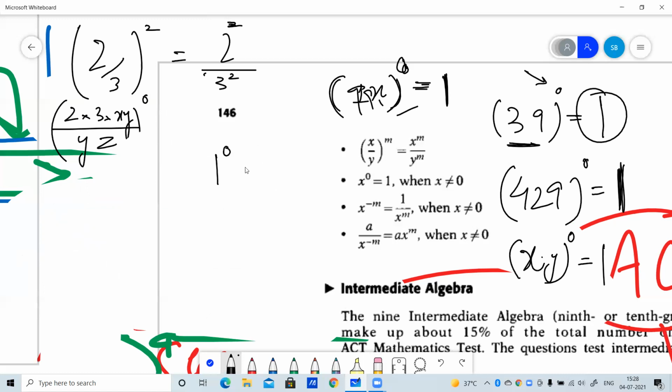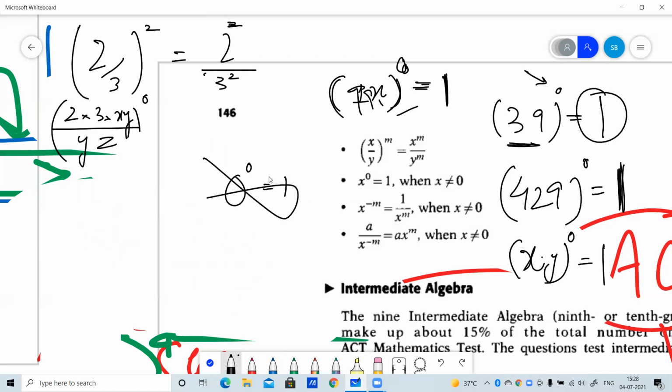1 raised to the 0 will be 1. X raised to the 0 will be 1. So remember this thing. Whenever you're having a power of 0, the answer is 1. It's also for 1. Yes, for 1 also. Exactly. Except for 0. You can't say 0 raised to the 0 is 1.